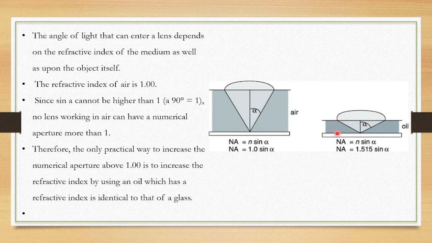So if the medium is completely surrounded by the oil, then the refractive index is greater. The refractive index of the oil is 1.515. So we can get a wider angle here, and that means a better resolution.